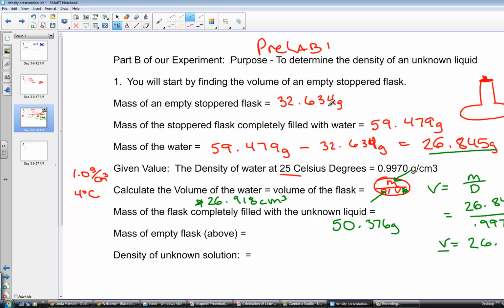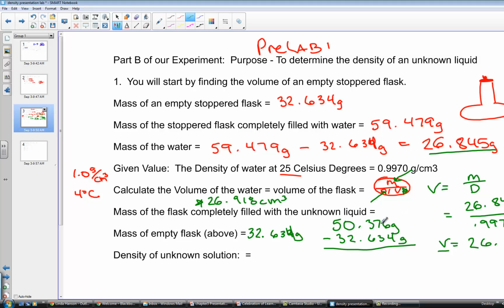So right up here, we know the mass of an empty flask. Remember that? We calculated 32.634, just the weight as it sat empty. Why don't we subtract the empty flask from the mass of the flask with our unknown solution?